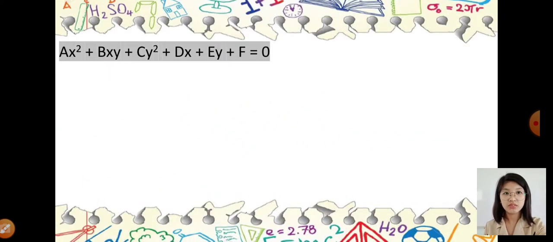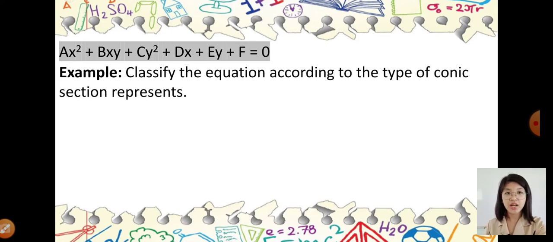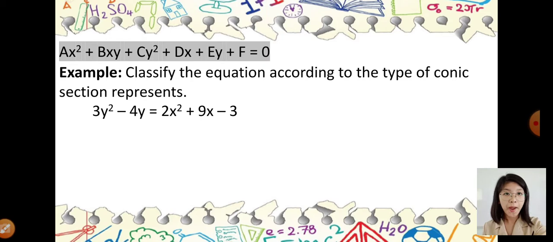Next one. Another, this is the general quadratic equation, and our example is this. Classify the equation according to the type of conic section it represents. We have the equation 3y squared minus 4y is equal to 2x squared plus 9x minus 3.